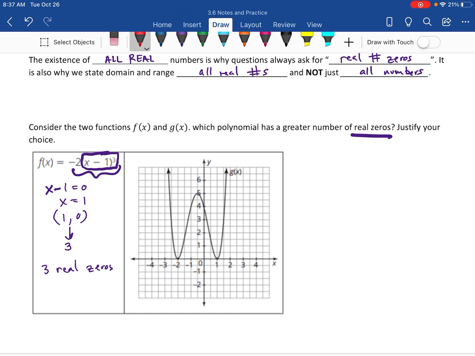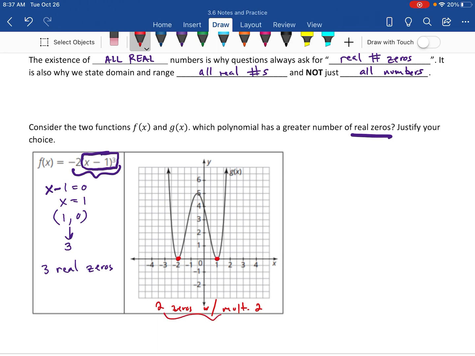For the second function, in my graph, I see that it touches the x-axis. It has a bounce, so it will have 2 zeros with multiplicity 2 for each of those.